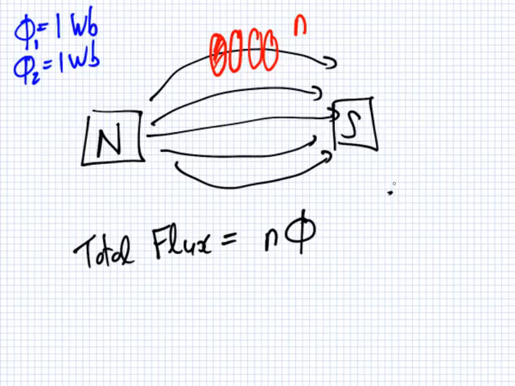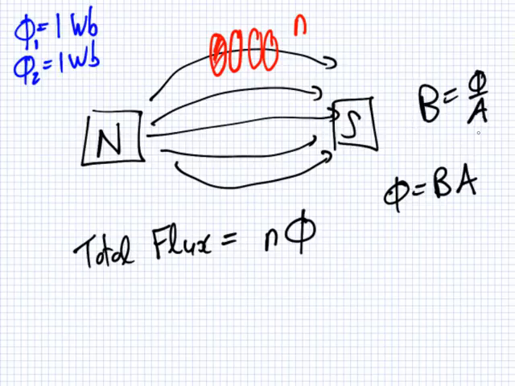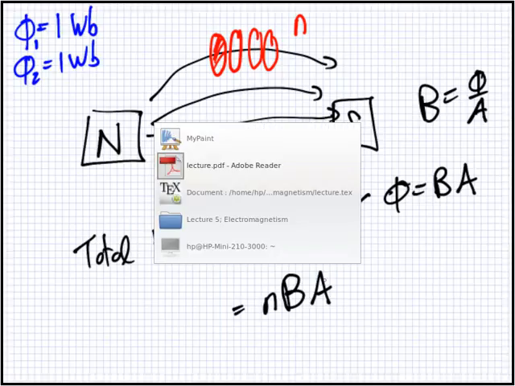Remember your formula: flux density is flux over area, or flux is density by area. So if I pop that in there, I get NBA. There's nothing interesting there. It's just saying that if you have the same region and situation n times, then we just multiply by n.